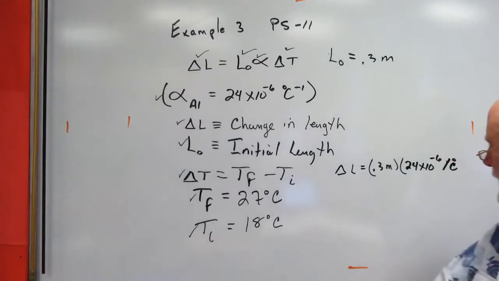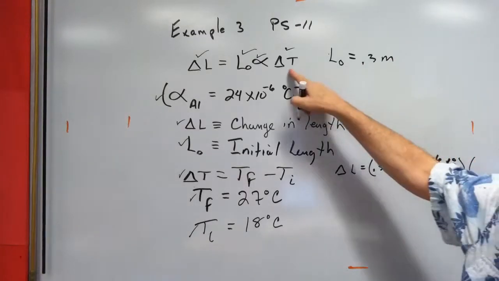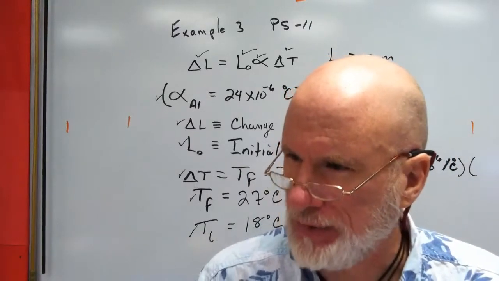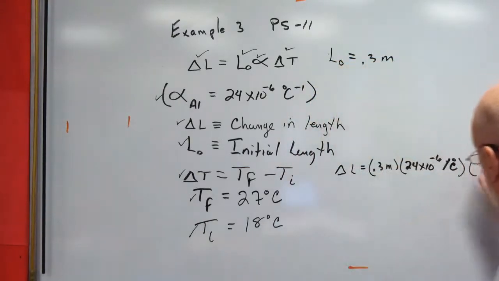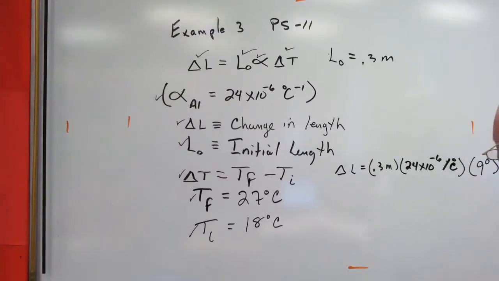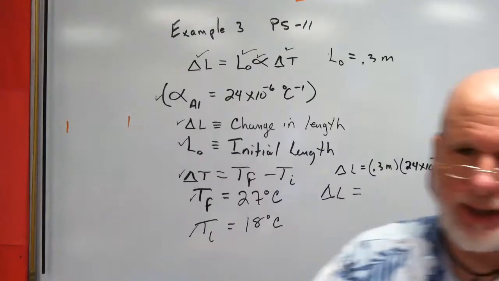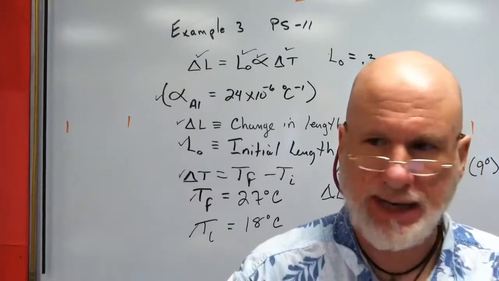And then the change in temperature. It's going to be how many degrees? 9 degrees, right? So what's that going to be? 0.3 times 24 times 10 to the negative 6th times 9.